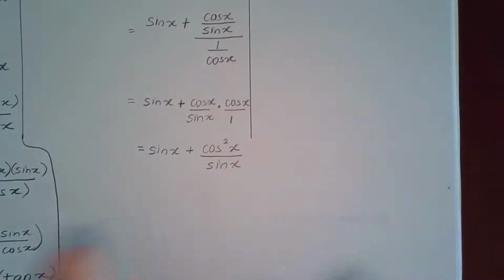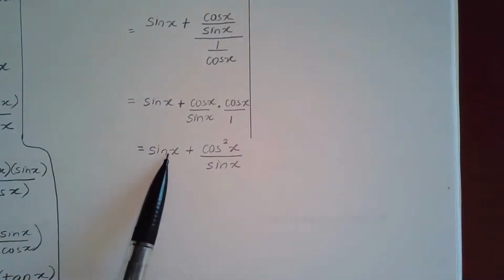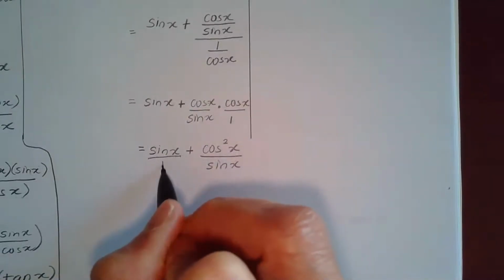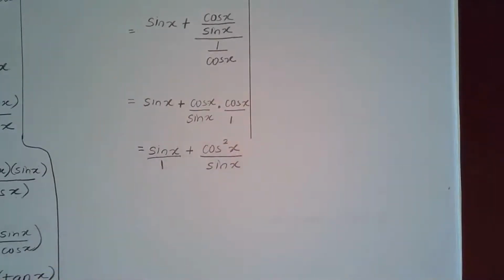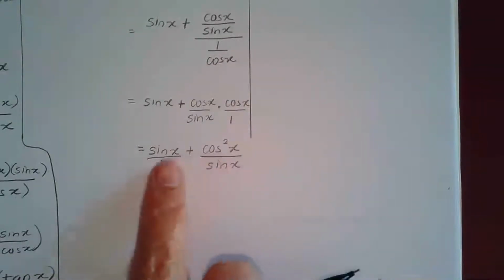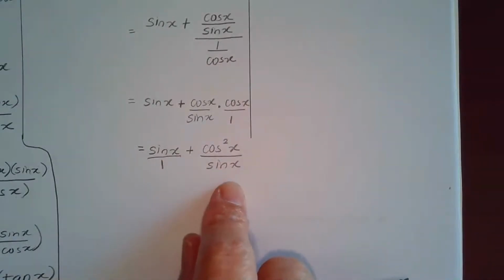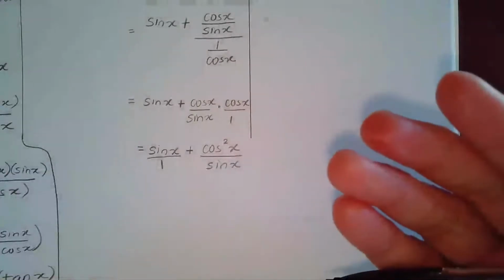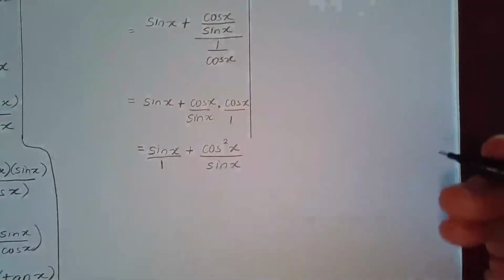Great. So what can we do? Well, this denominator is 1, right? When there's nothing in the denominator, it's 1. We need a common denominator to be able to add these two together. So what are we going to do?